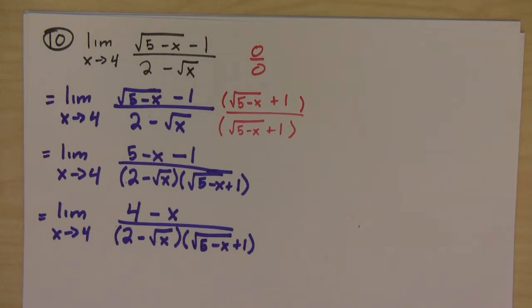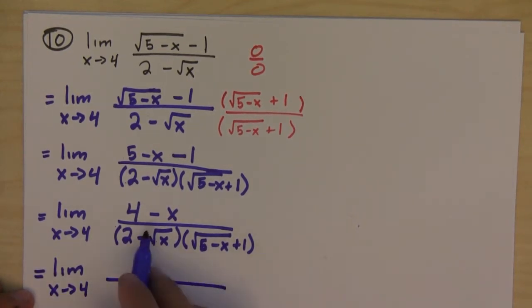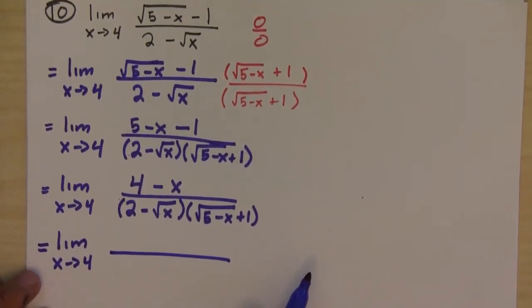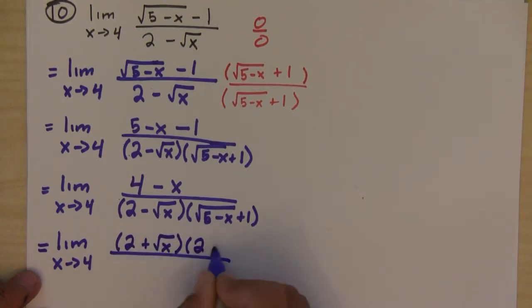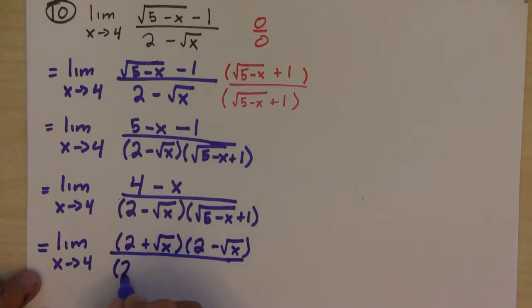And so if you look at it that way, you can do a little trickery. So if we factor the numerator as a difference of squares, this would be 2 plus square root of x times 2 minus square root of x. And the denominator would look the same.